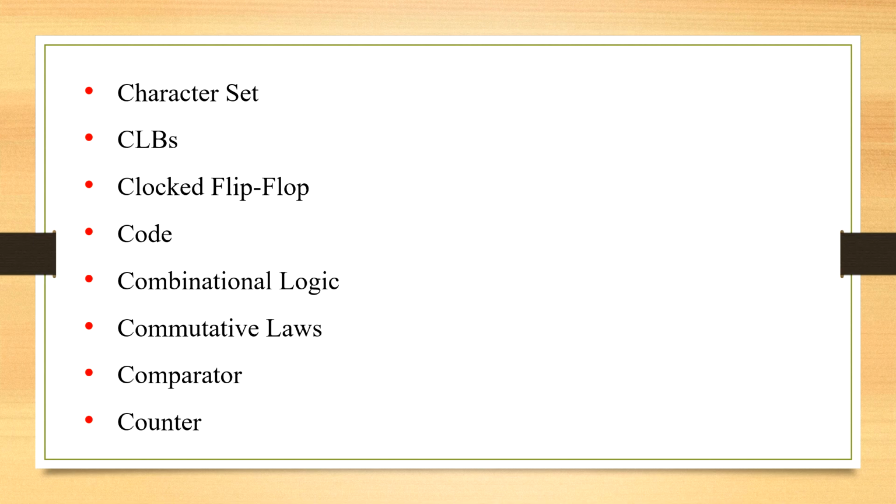A unique way to represent a number or character is called a code. Next one, combinational logic. When logic gates are connected together to produce a specified output for certain specified combinations of input variables with no storage involved, the resulting circuit is called combinational logic.